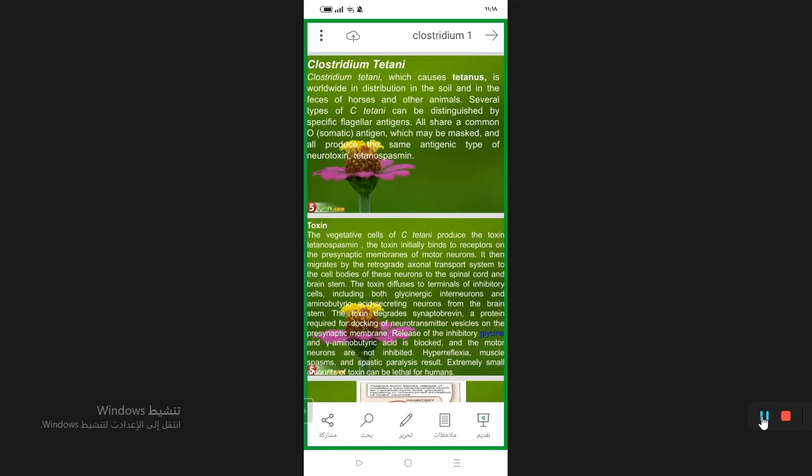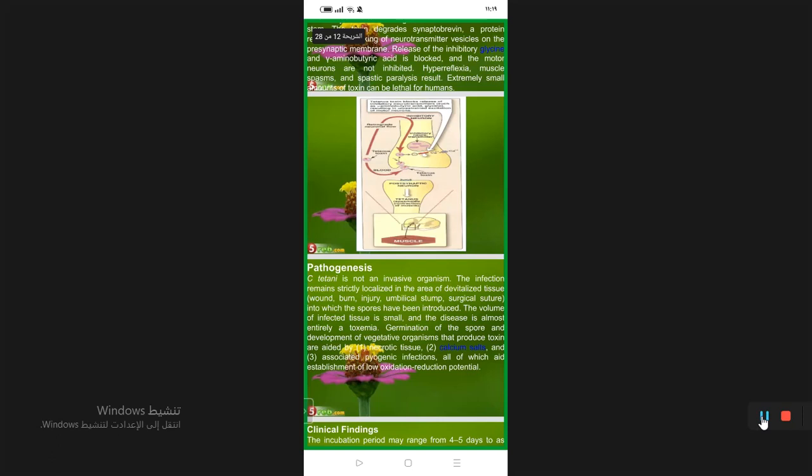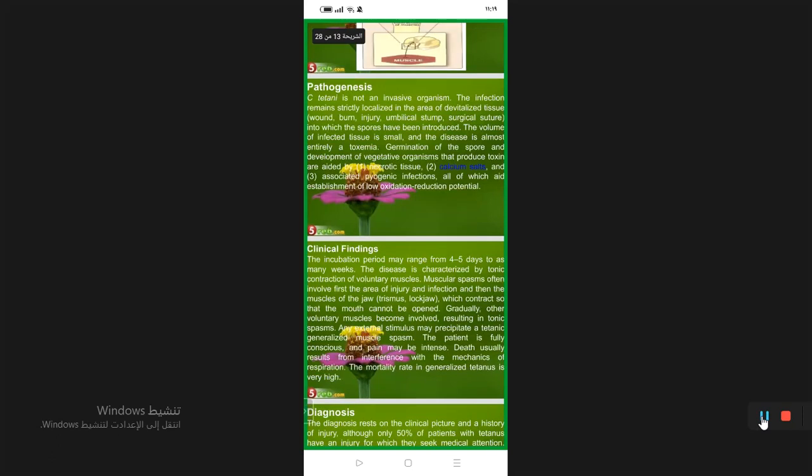Pathogenesis. Clostridium tetani is not an invasive organism. Infection occurs at the site of injury. The infection remains strictly localized in an area of devitalized tissue: wounds, burns, injury, umbilical stump, surgical suture, into which the spores have been introduced, because spores are present in the soil and environment, or in the intestinal tract of animals and humans.